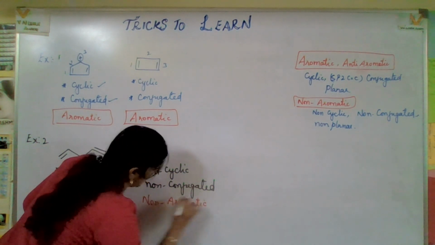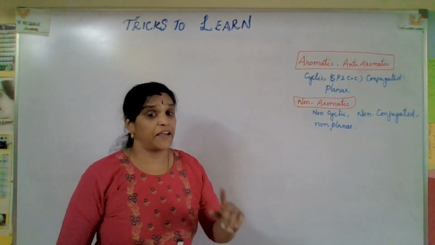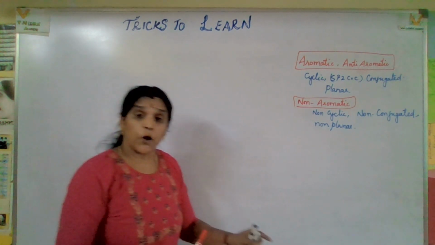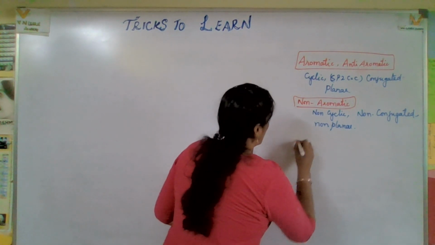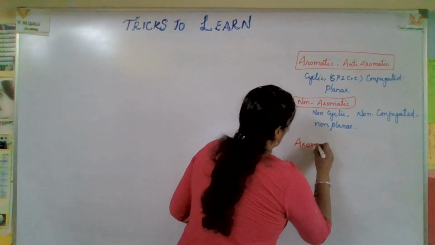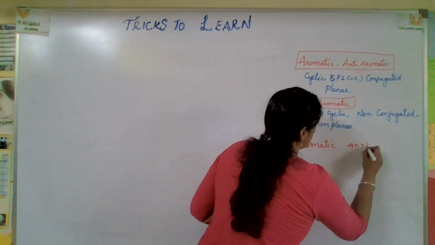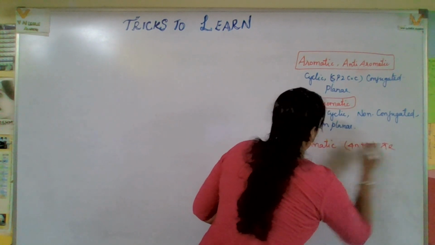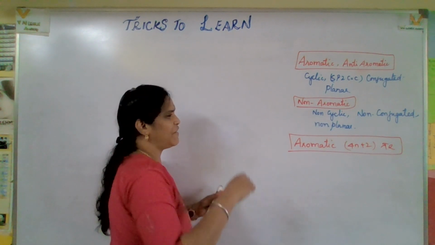I hope you got a clear idea. Now let us identify the rules for aromatic and anti-aromatic. What are the rules to be applied? Aromatic needs 4n plus 2 pi electrons, right?